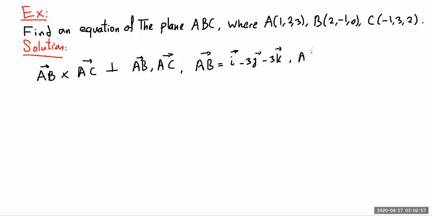What is the vector AC? It's minus 2i plus j 2 minus 3 minus k.